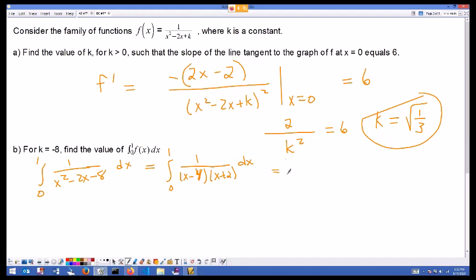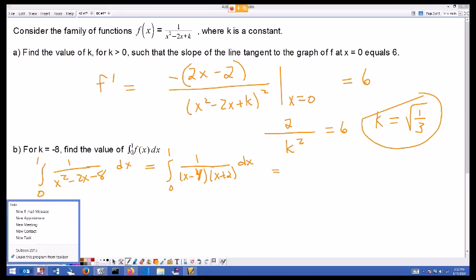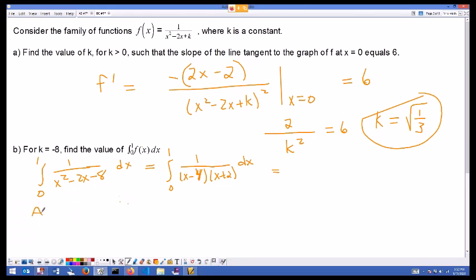So this should become, we'll say that a over x minus 4 plus b over x plus 2 is equal to 1 over x minus 4 times x plus 2.